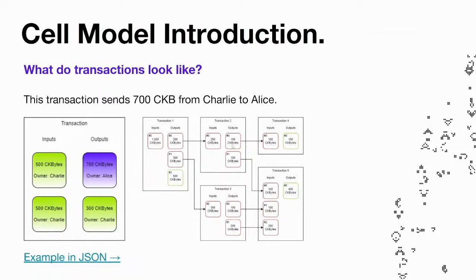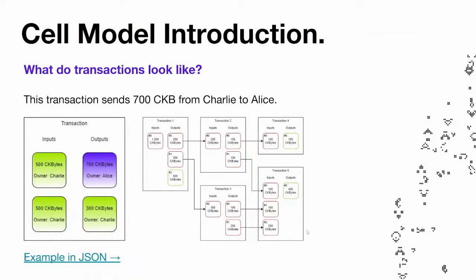So after these 5 transactions have executed, every input that has been consumed is now dead, and every output that has been used as an input in some transaction has also been consumed and is now dead.